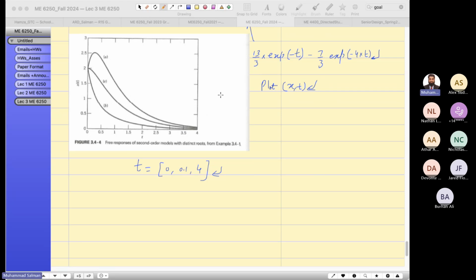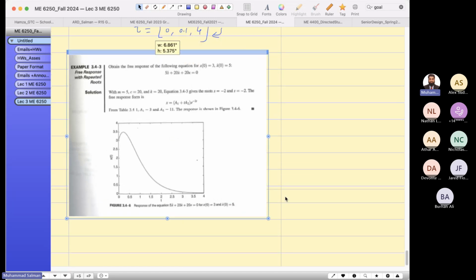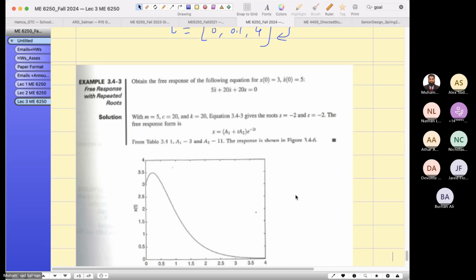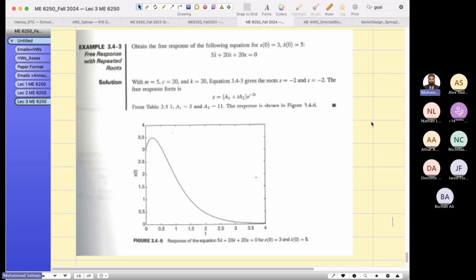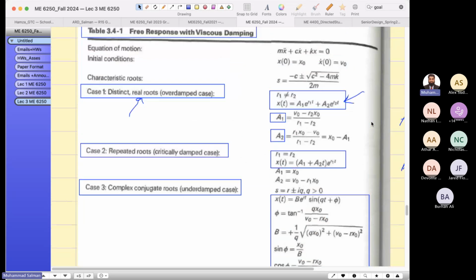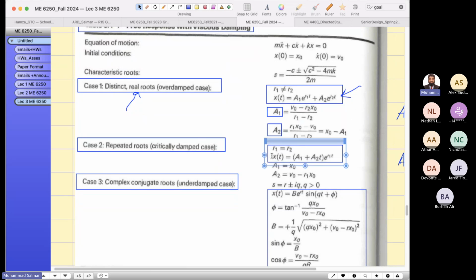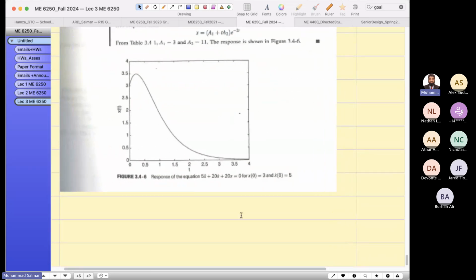Then comes another formula here. I don't want to solve it, but I just want to show you how this problem has been solved. This is the same problem, but now the roots are repeated roots, and you can use the same table for the repeated case to find the unknowns a1 and a2.